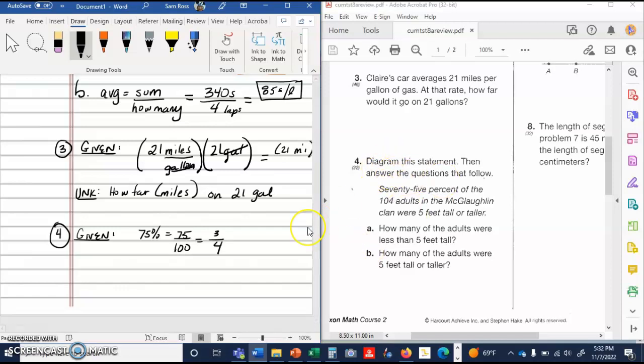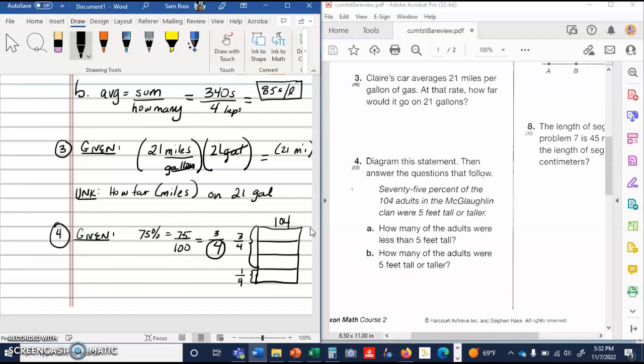So if I'm diagramming this statement, that means I need 4 boxes, because this is how many boxes I need. So 1, 2, 3, 4. So far, so good. 75% of the 104 adults. Let's pause. I have 104 total adults. So now to figure out what I have here, I know that 3/4 are something and 1/4 is something else.